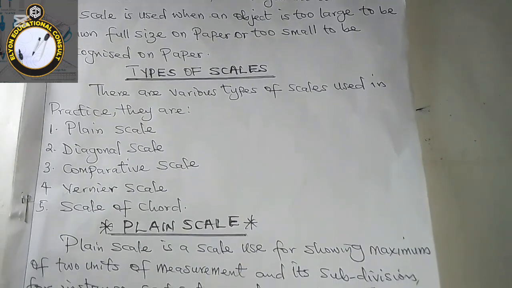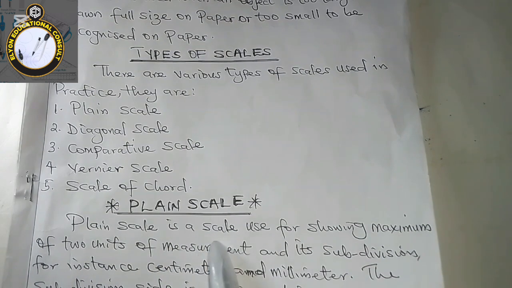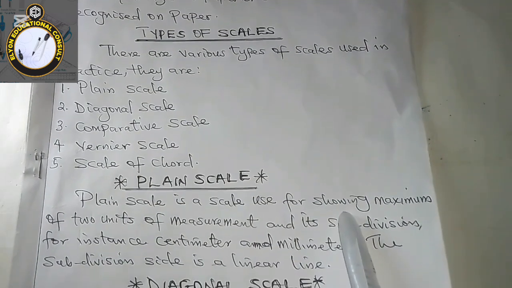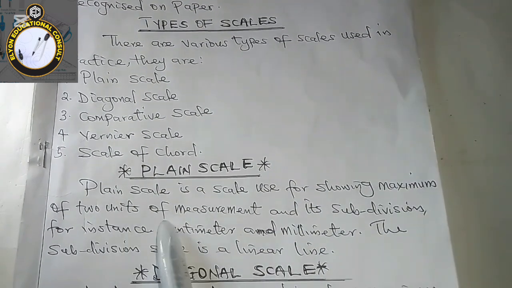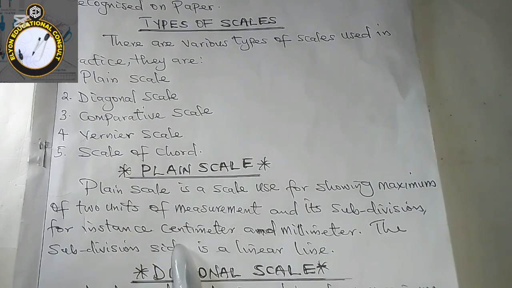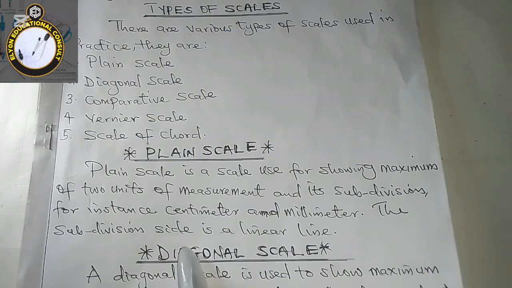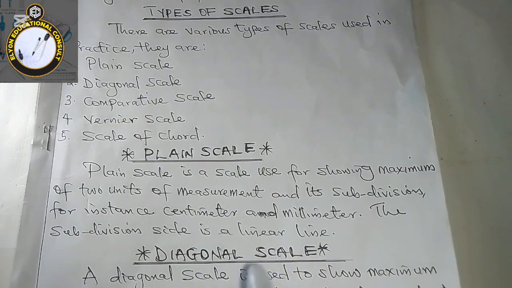Plane scale. We'll be learning how to construct plane scale much more later, but let's look at the things around plane scale. Plane scale is a scale used for showing a maximum of 2 units of measurement and its subdivision, for instance centimeter and millimeter. The subdivision side is a linear line.